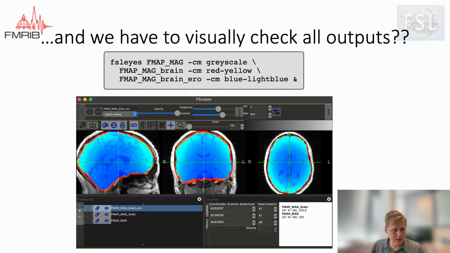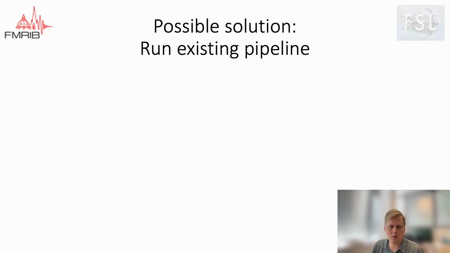However, if we start rerunning the same Fossilize command across a lot of different subjects, and for each step in our processing pipeline, again, it becomes very cumbersome. So, ideally, we would also like to efficiently visually check the outputs across multiple subjects without having to rerun a lot of individual Fossilize commands.